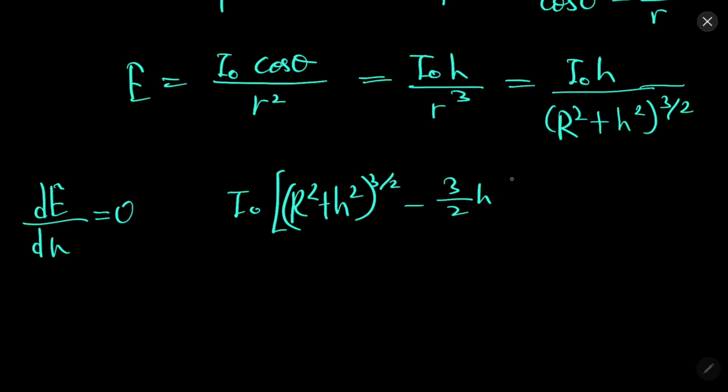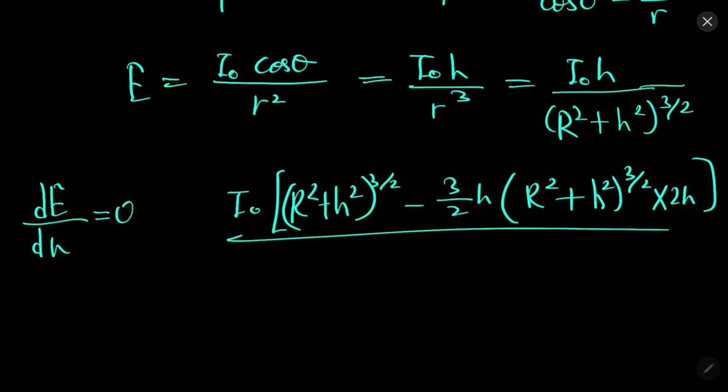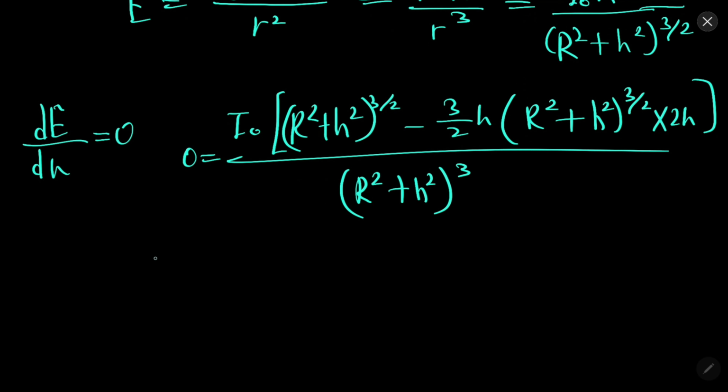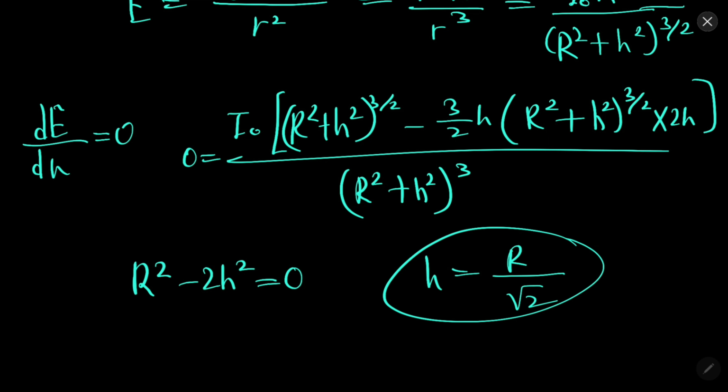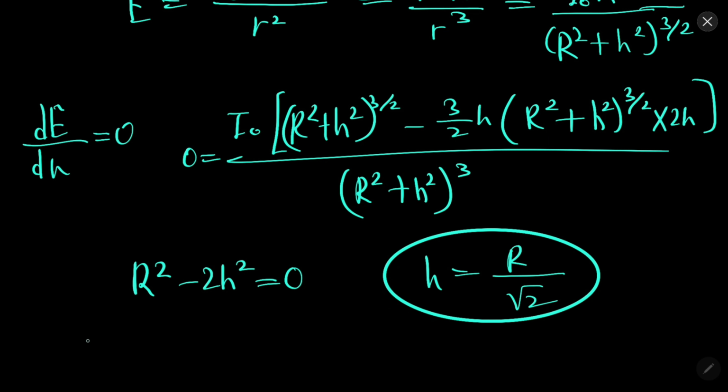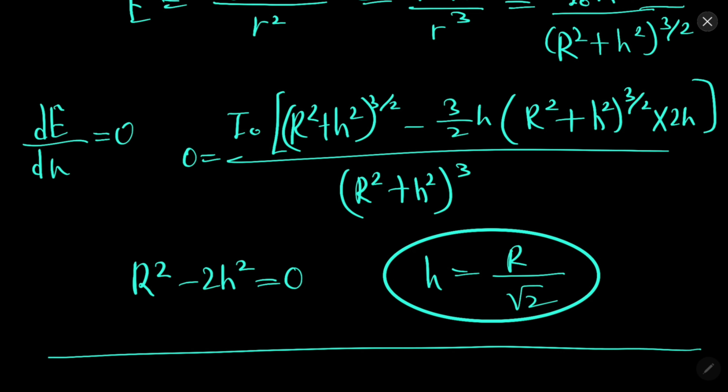So it will give us this value minus, R square plus h square to the power 3 by 2 into 2h, over R square plus h square whole cube. So it is all equal to 0. So after solving this you will get like this. So h will be equal to R over root 2. So this is how you can solve this question.